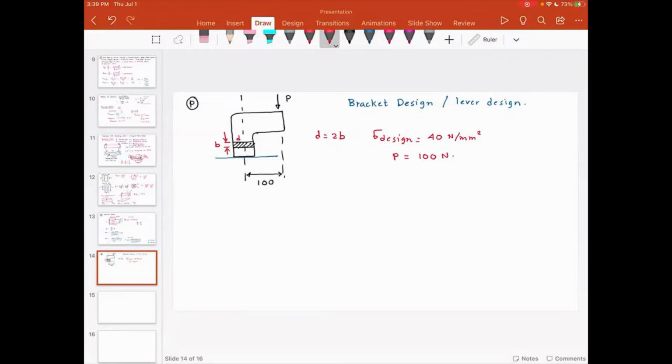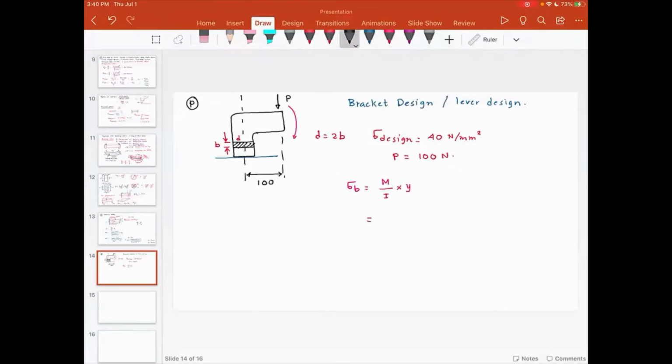First and foremost, I want you to understand that because of this loading, this bracket is going to bend like this. In other words, the cross section that is shown is going to bend. And the equation that we are going to use is sigma B is equal to M divided by I multiplied by Y.